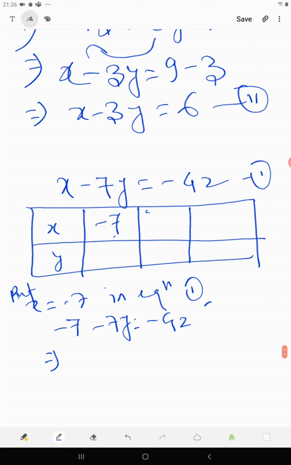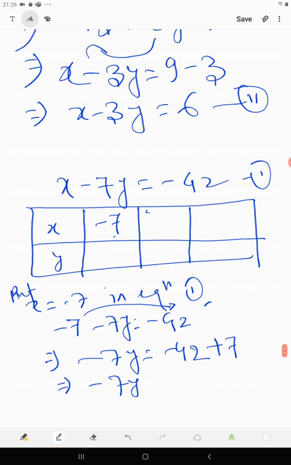Now take this minus 7 towards the right hand side. Minus 7y equals minus 42 will be as it is. This minus 7, when we take it to the right hand side, will become plus 7. So minus 7y equals minus 42 plus 7.